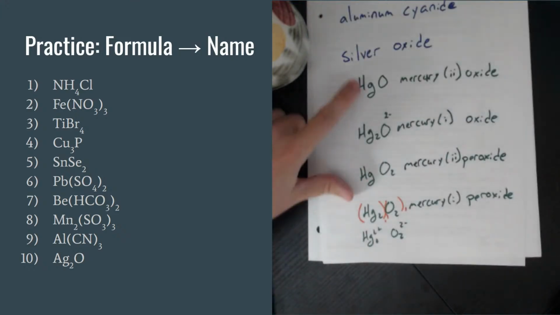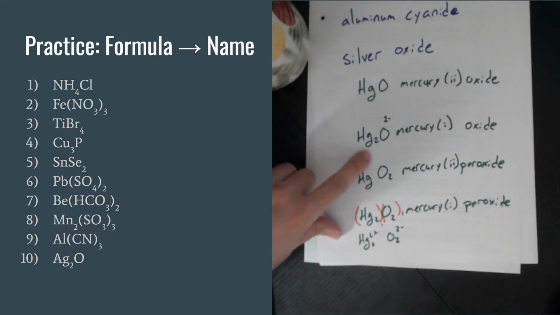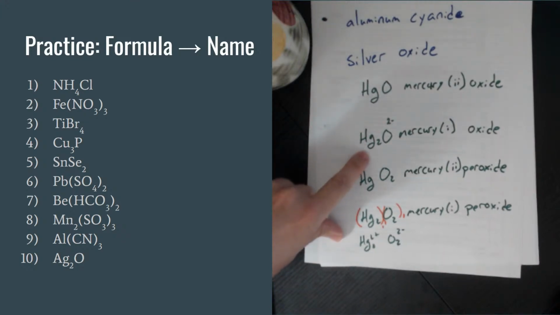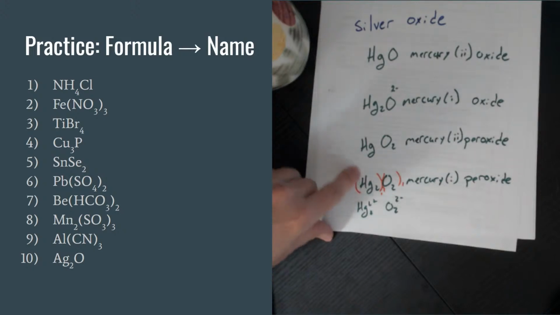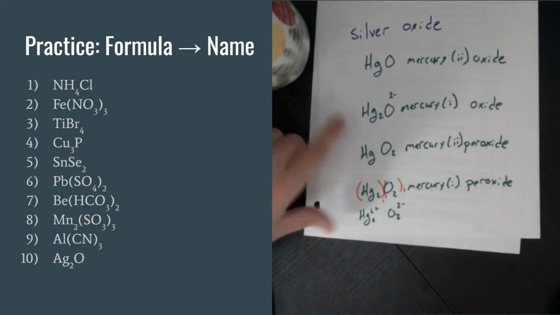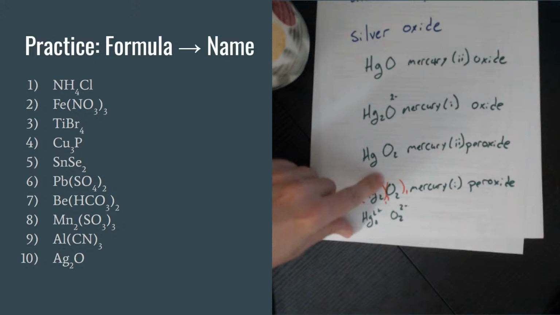And this one here, so here we have a 1-to-1 ratio of mercury 1 to oxide. Here we have a 1-to-1 ratio of mercury 2 to oxide. Here we have a 1-to-1 ratio of mercury 1 to oxide. This third one is a 1-to-1 ratio of mercury 2 and peroxide. And this final one is a 1-to-1 ratio of mercury 1 peroxide. So each one of these is a 1-to-1 ratio, even though we have the number 2 floating around in there.